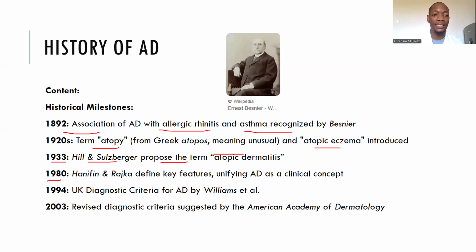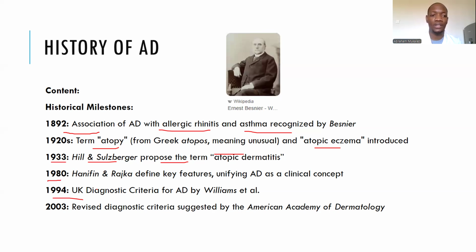Then later on in the 1980s, Hanifin and Rajka came in to describe the key features that you see in atopic dermatitis and give us a diagnostic criteria, which is still applicable up to date, the Hanifin and Rajka criteria for diagnosis of atopic dermatitis. Then in 1994, we had the UK diagnostic criteria that was proposed by Williams and friends, and currently it's not so much used.